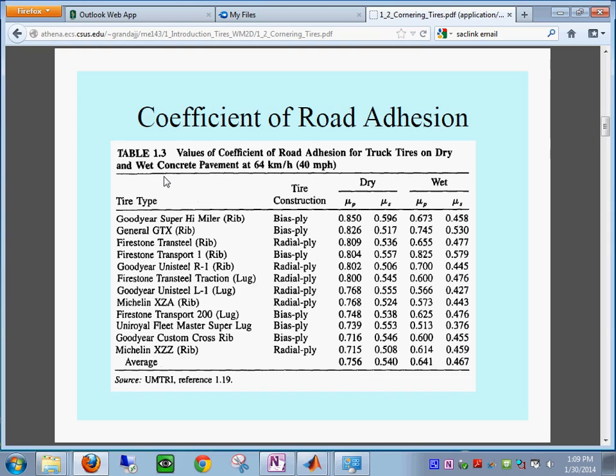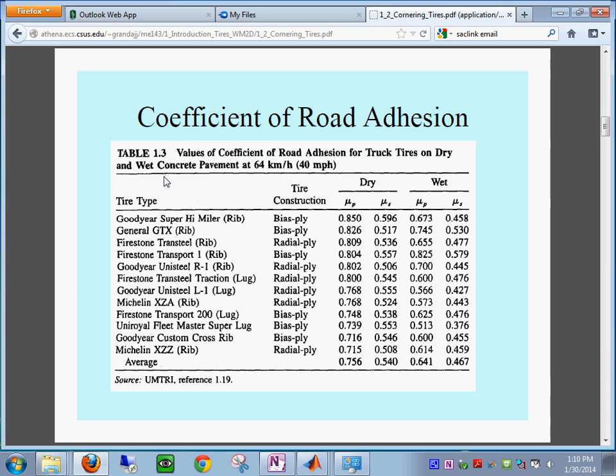But if the condition is wet, I would safely say the variation is like 0.2 to 0.15 more or less, and that's a big loss in traction.